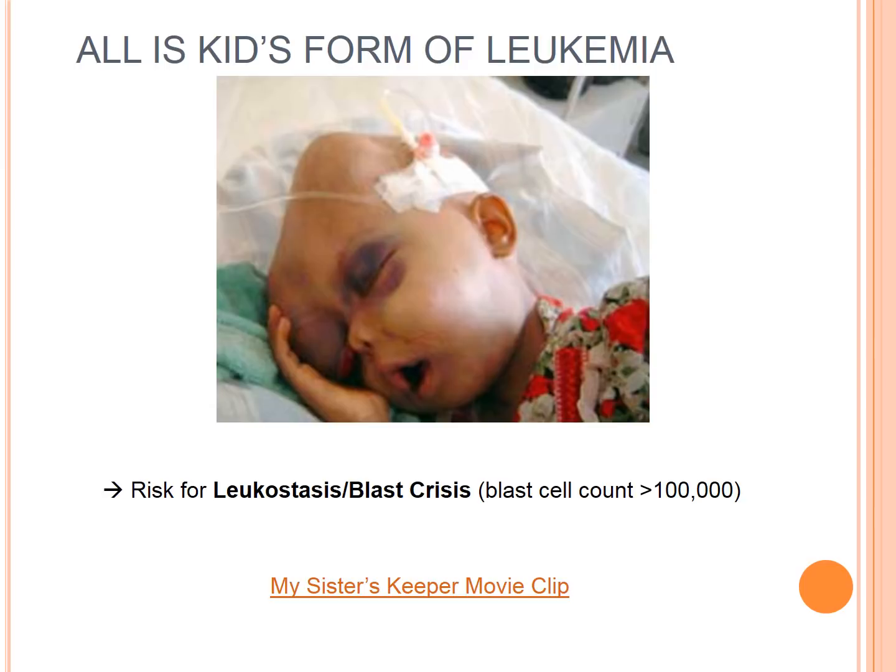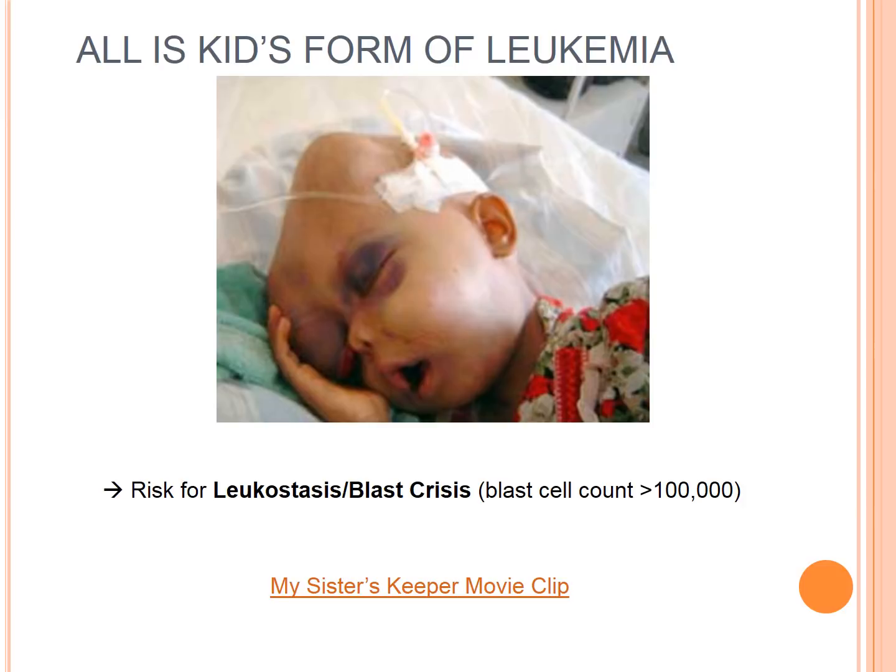So that could be things like poor perfusion to the brain, or sorry for my dog barking in the back if you can hear that. So decreased perfusion to the brain, like a cerebrovascular accident, or possibly an MI or a PE. So these can clump up and cause poor circulation, which would be a life-threatening emergent event.